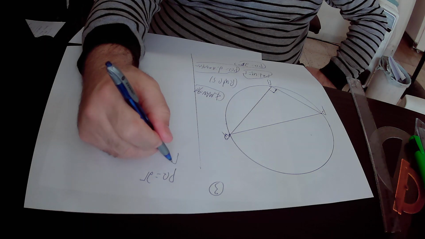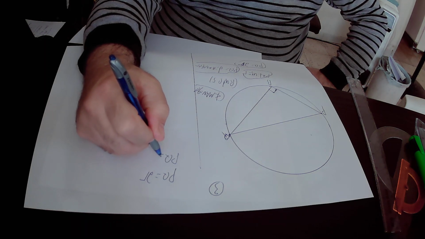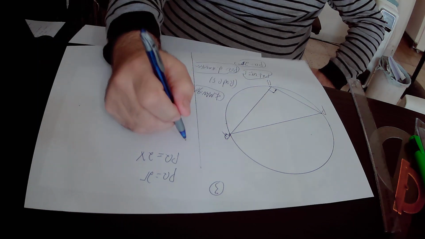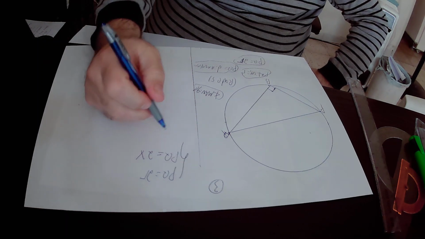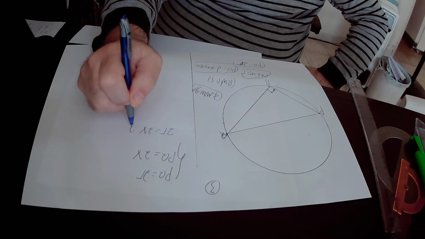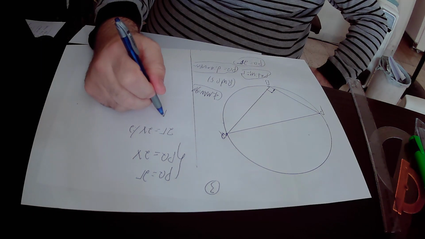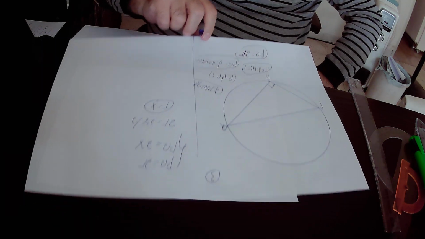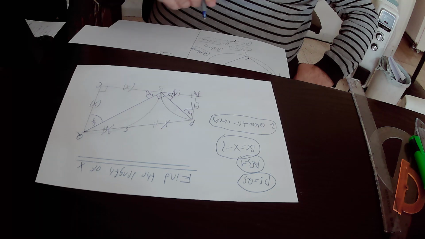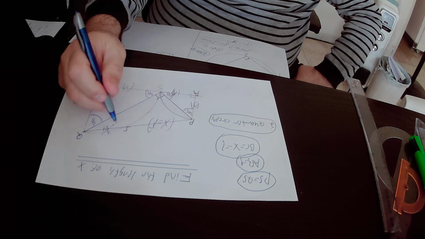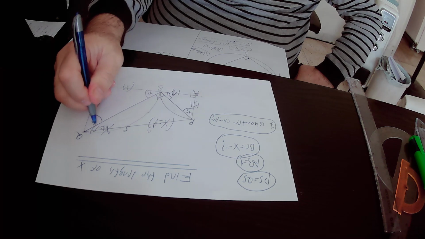From the other side, PQ equals 2X. And from those two equations, we derive that 2R equals 2X. We divide this equation by 2, and finally we get that R equals X. So we can write here that X equals R, and then also X equals R.